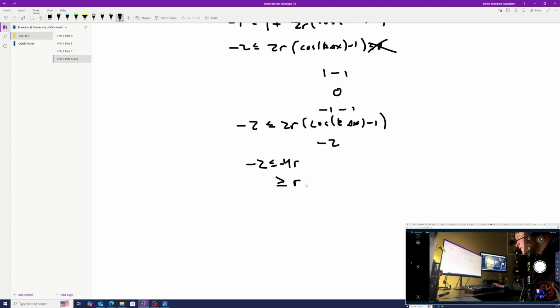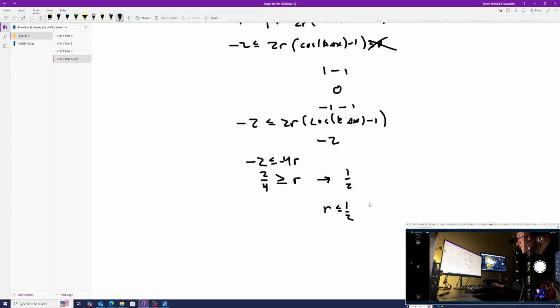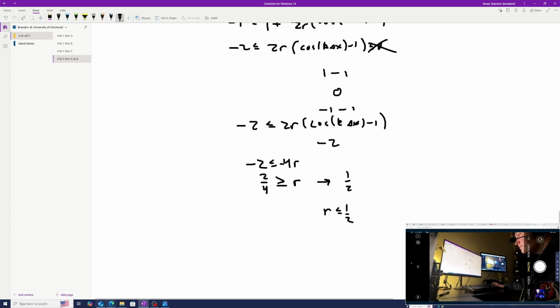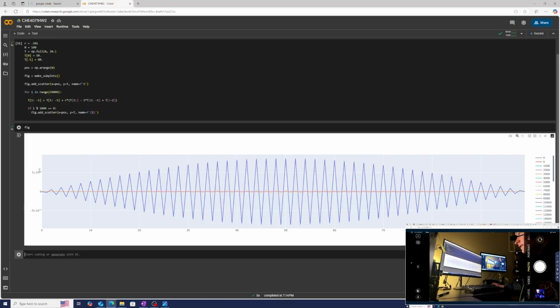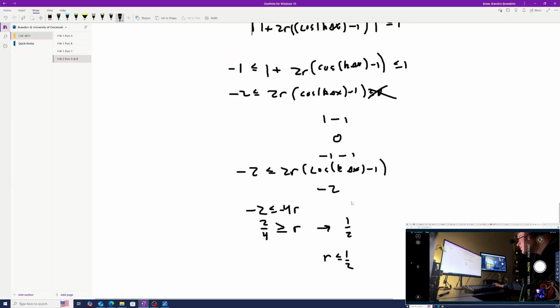So that gives us r is less than or equal to 2 over 4, which is 1/2. So we know that our r is less than or equal to 1/2 based on this analysis, which aligns with what we saw in Python, where if it goes above 1/2, it tends to infinity because the solution for our differential equation no longer holds true. Alright.